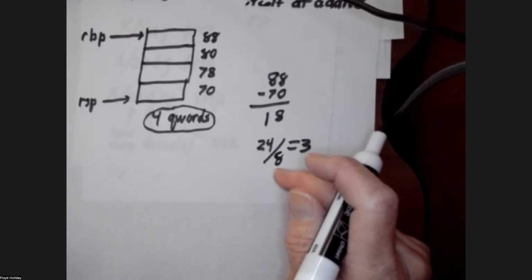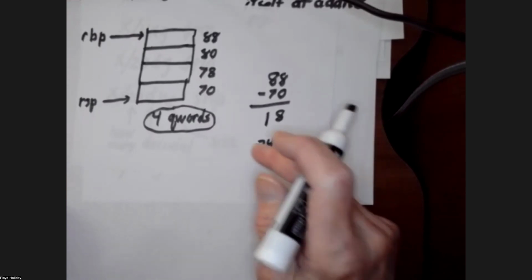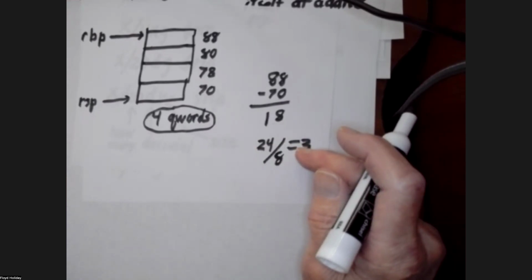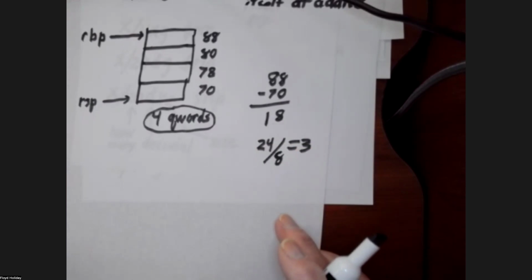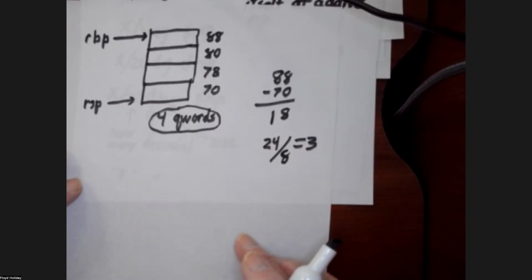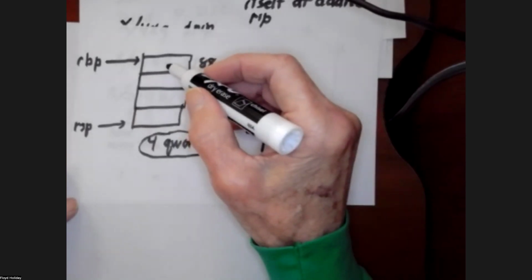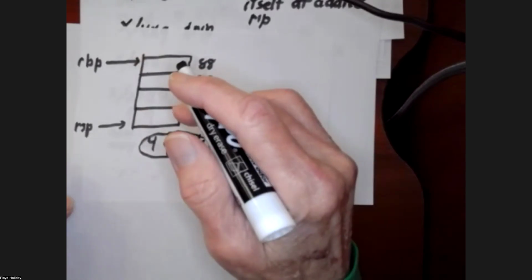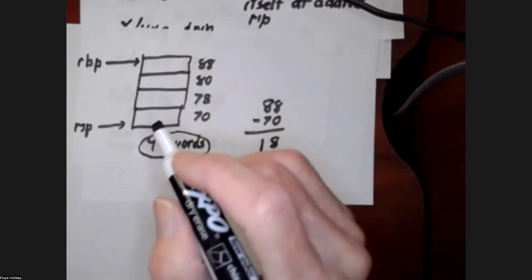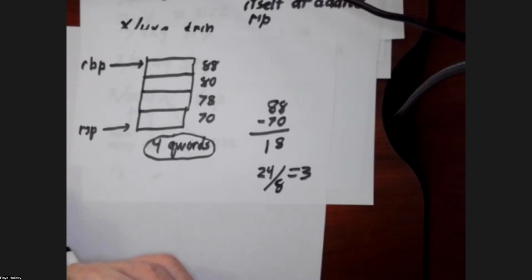Every quad word has 8 bytes. So you divide 8 into 24 and you get 3 and you're off by 1. Turns out you're always off by 1, because when you count the number of steps you're going to take straight ahead, you don't count 1 as where you're standing.